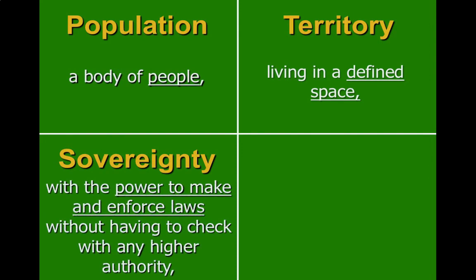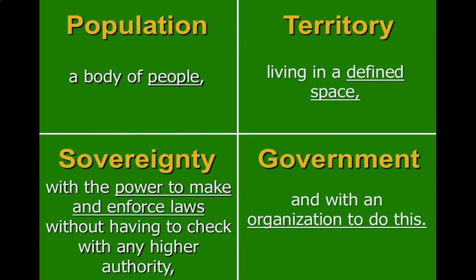Sovereignty, this one here is critical, so make sure that you star this or highlight this, underline this. Make sure you understand that sovereignty really is the key to what makes a state a state. Sovereignty means that you have the power to make and enforce laws without having to check with any higher authority. You are the final authority within your borders.